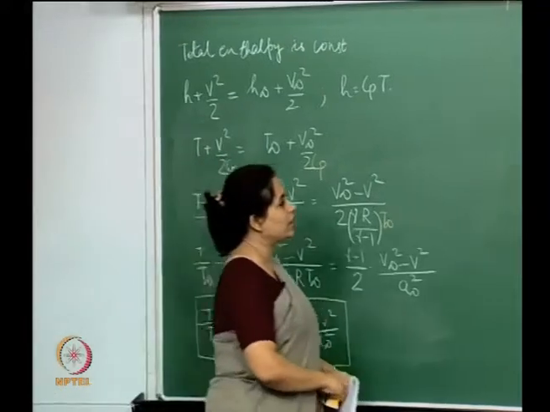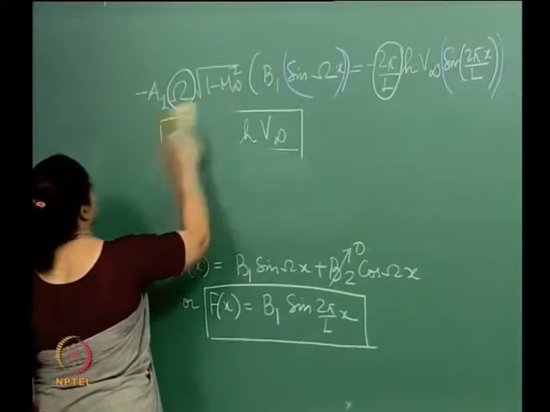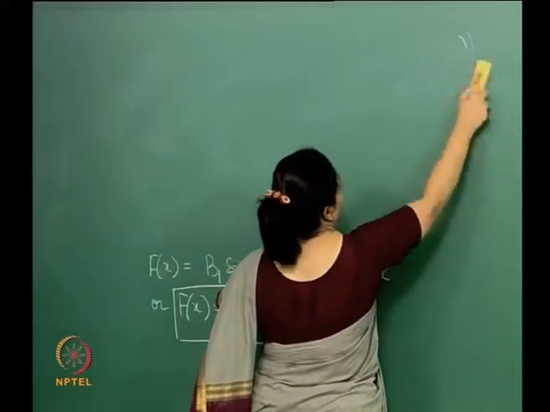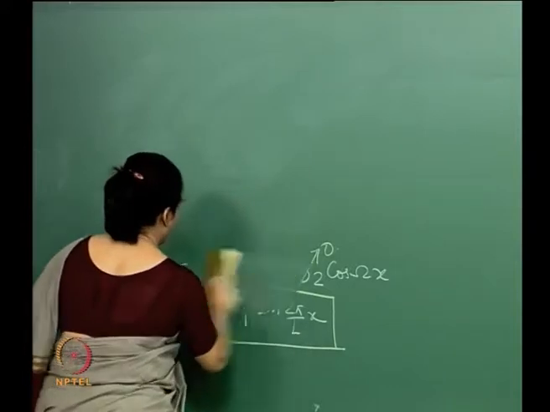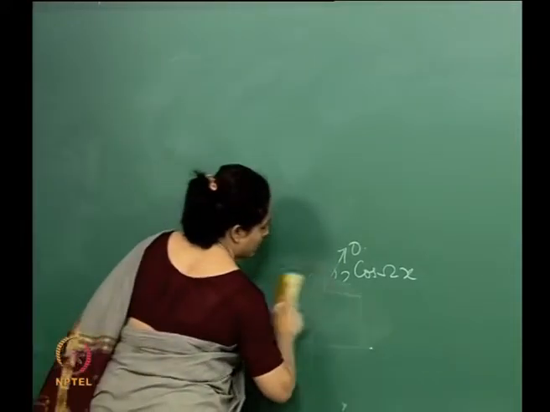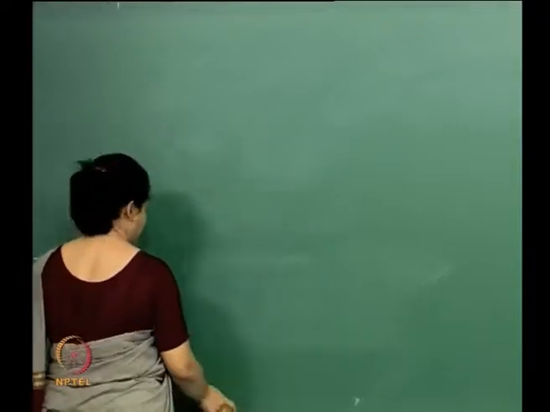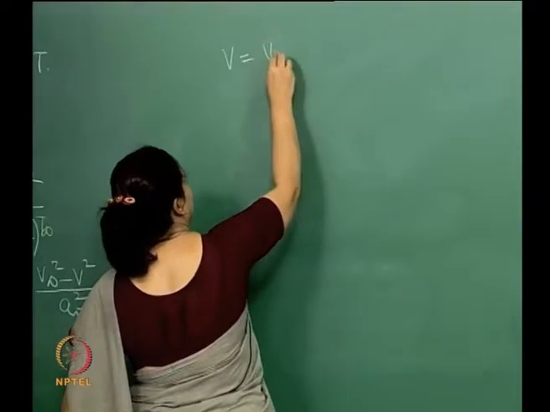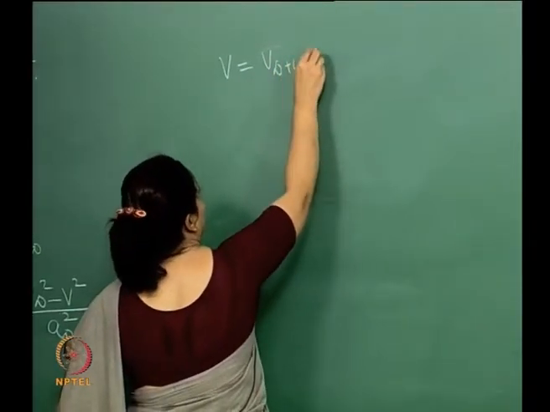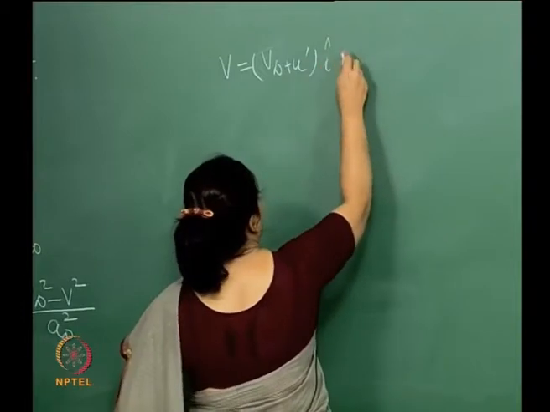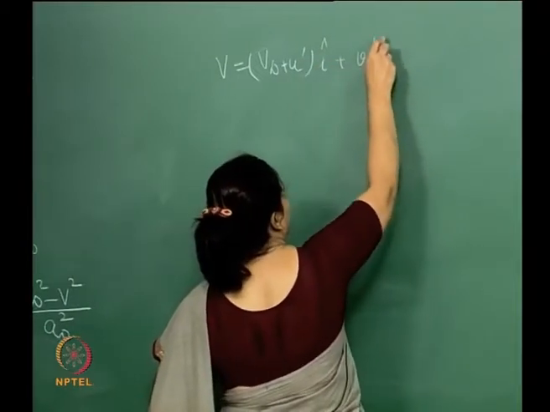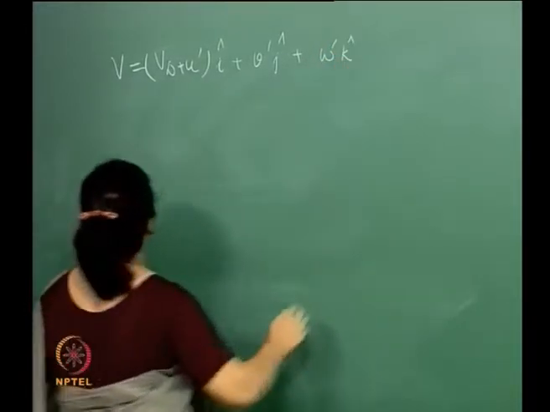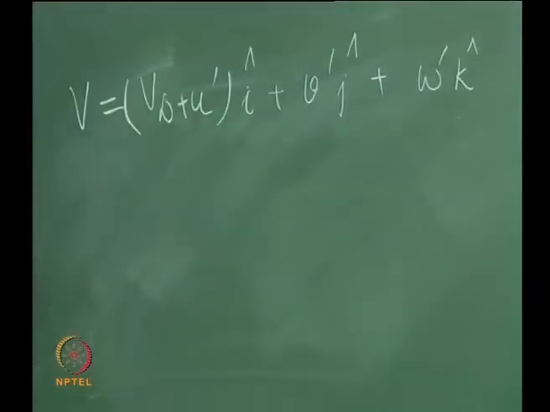Now, as we said earlier, V is the free stream plus the perturbation velocities basically. So this is my local velocity, isn't it?